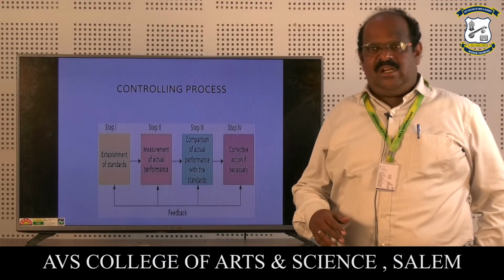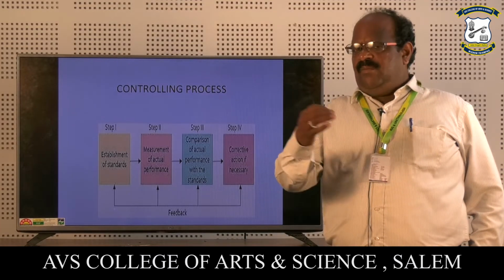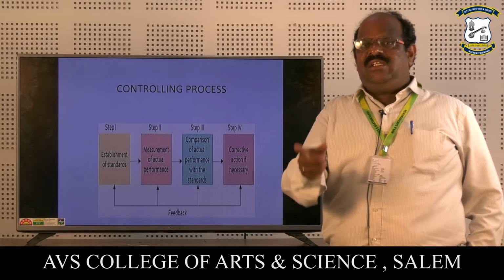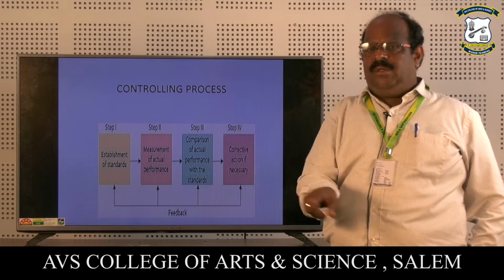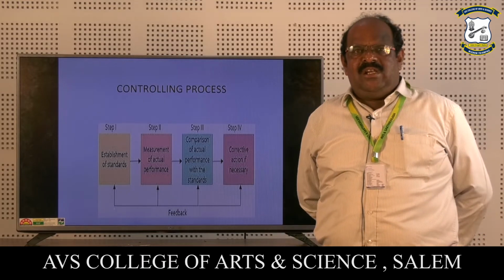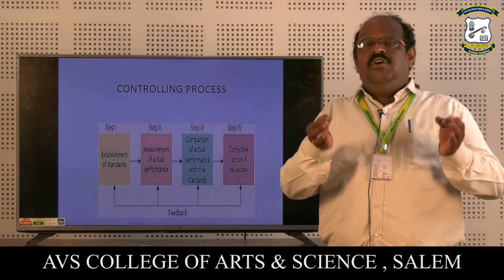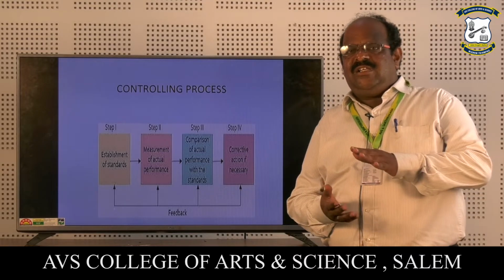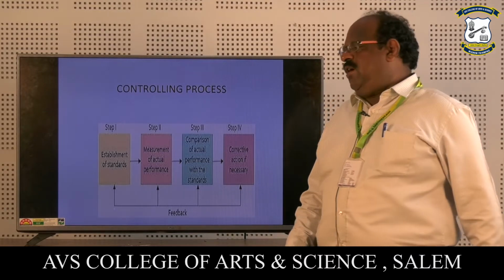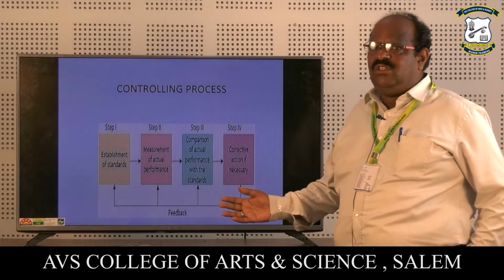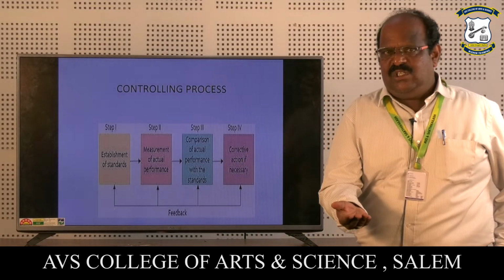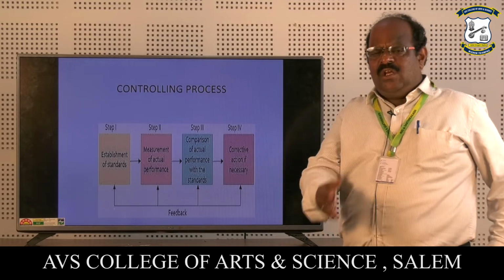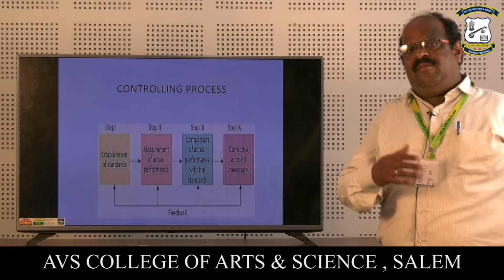So we have to first analyze what parameter has to be measured or controlled, that is one thing. And if we decide this particular factor has to be controlled, then we have to understand how we are going to measure that factor, and what standards have to be kept. For example, if we consider the number of leaves, 0 to 12 days in a year may be the standard. Suppose we want to control the performance of a teacher.